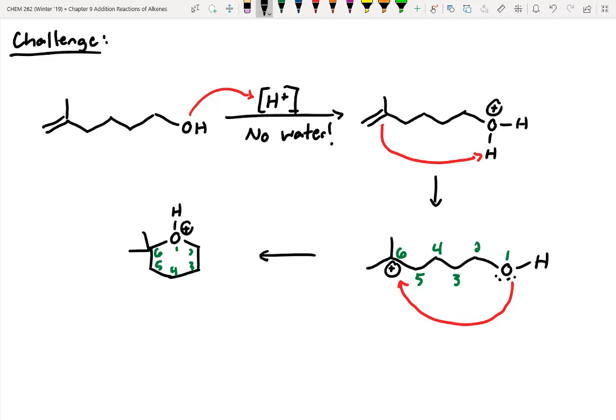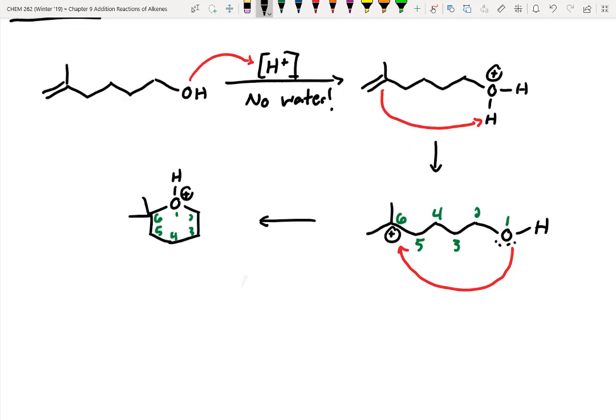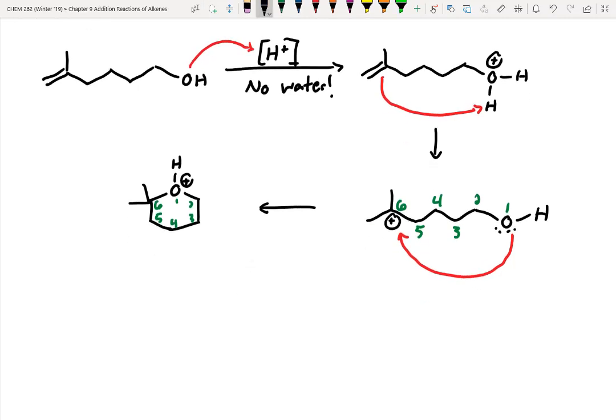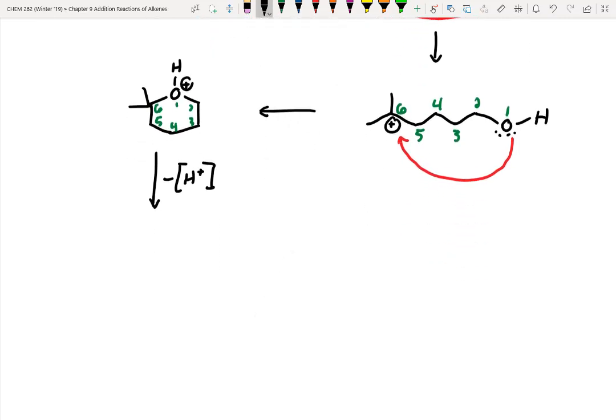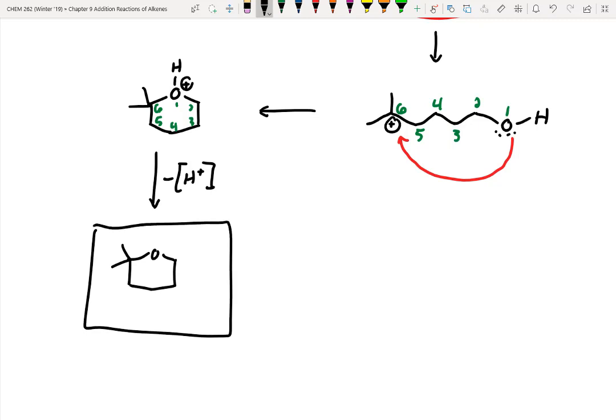What will the last step likely be? Deprotonation. And I will show you a trick with deprotonation is if it's a simple reaction, you can just write minus H plus, meaning minus H plus in brackets like that. And you can show your final product that looks like this. What new functional group have we made?